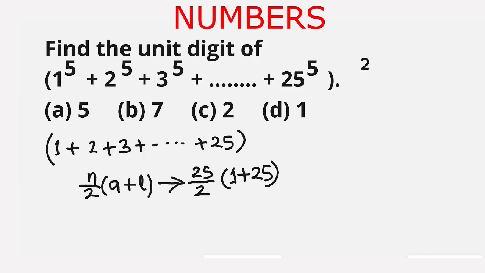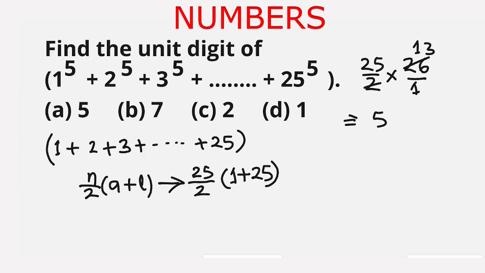This gives 25 upon 2 multiplied by 26. 1 plus 25 is 26, and 2 cancels 26 for 13 times, and the ones place or unit digit of 25 multiplied by 13, or 5 multiplied by 3, will be 15, and it will be 5.